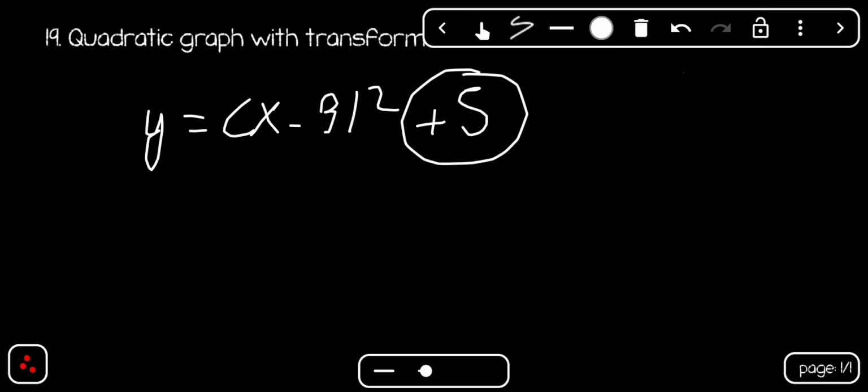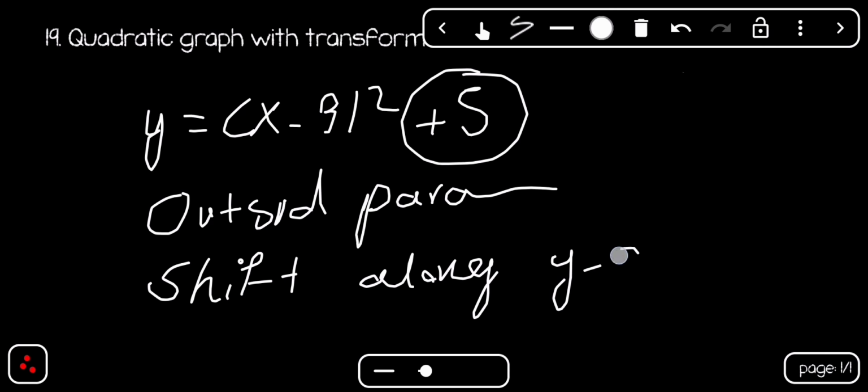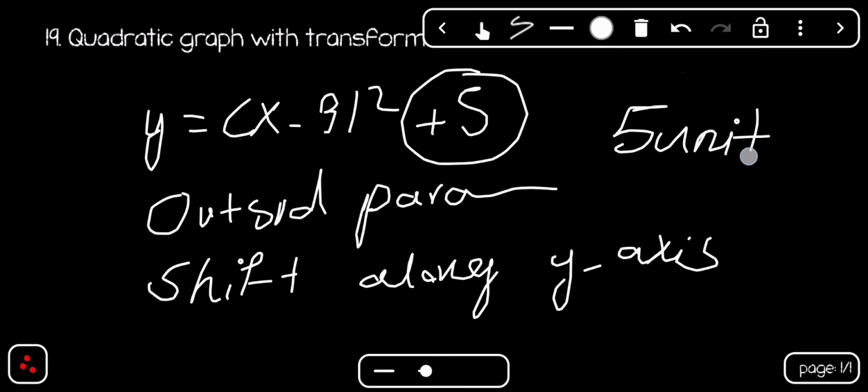I will write that outside the parentheses the shift is along the y-axis. When it's asked, you will just write that the graph will shift 5 units upward. And yes, that's all about the vertex, direction, and transformation.